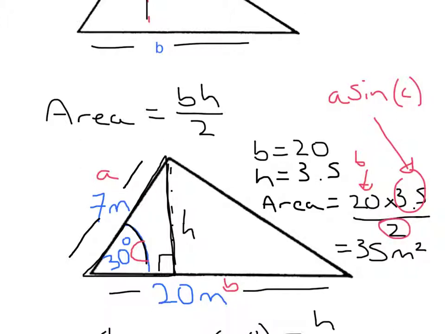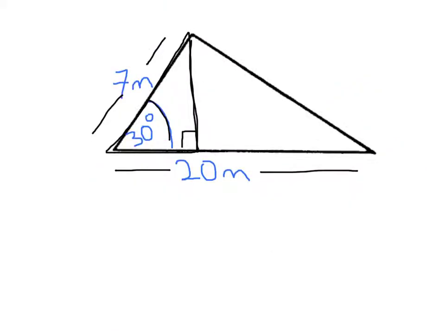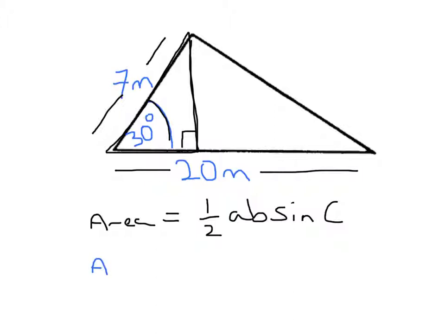And this is what gives us our formula, which is area of the triangle equals half of A times B times sine C.